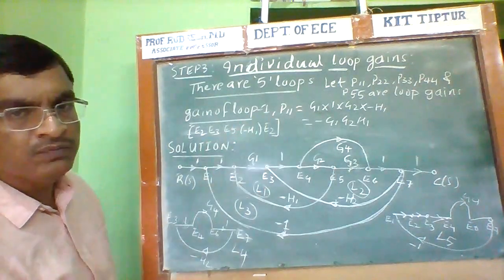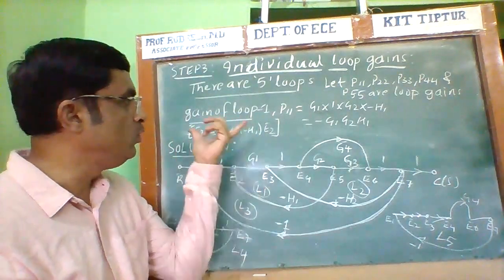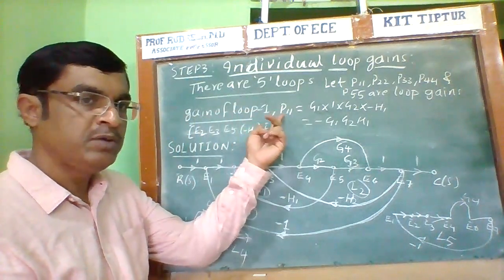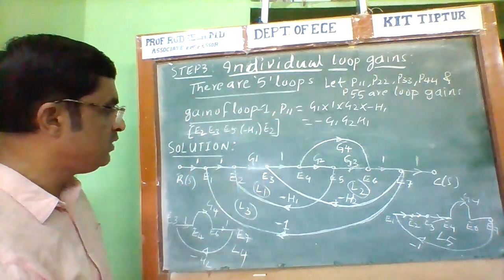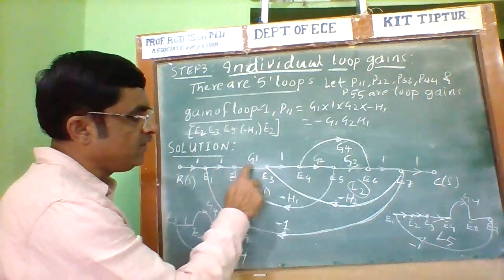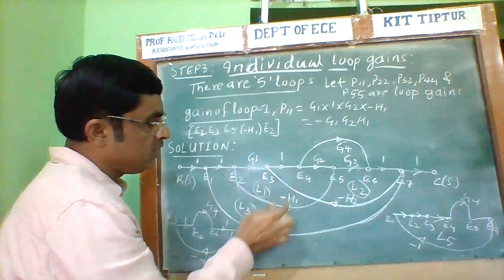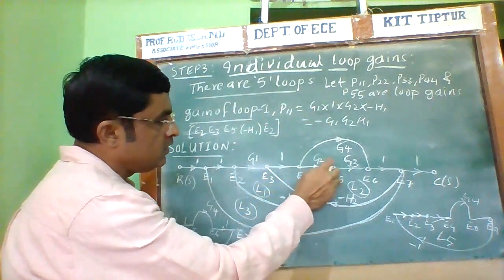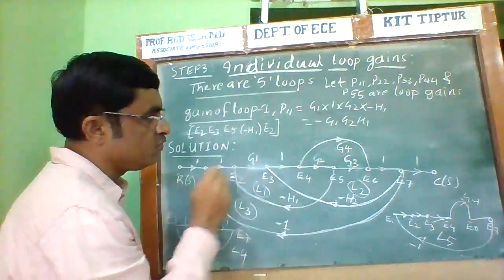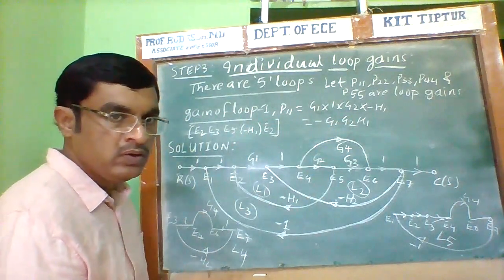We need to write down now. What is the gain of loop 1, denoted by P11? Then what is the P11 value? It is the gain of loop 1. Therefore, G1 into this transmittance 1 and this is G2 and minus H1 is the gain of loop 1.